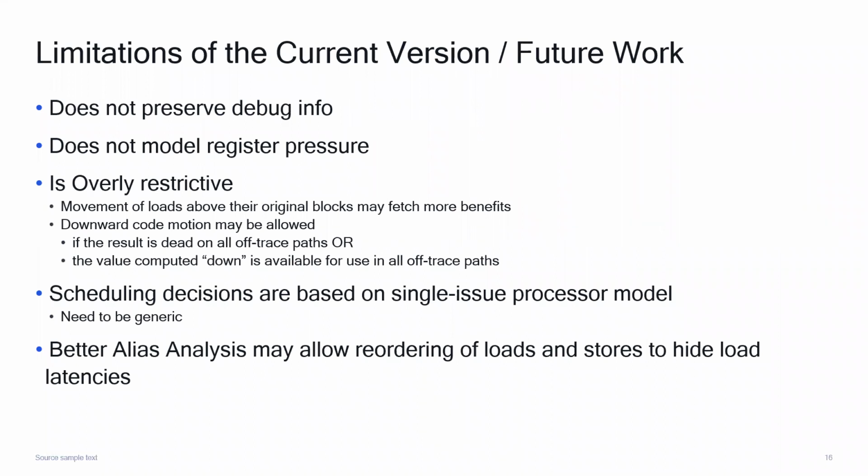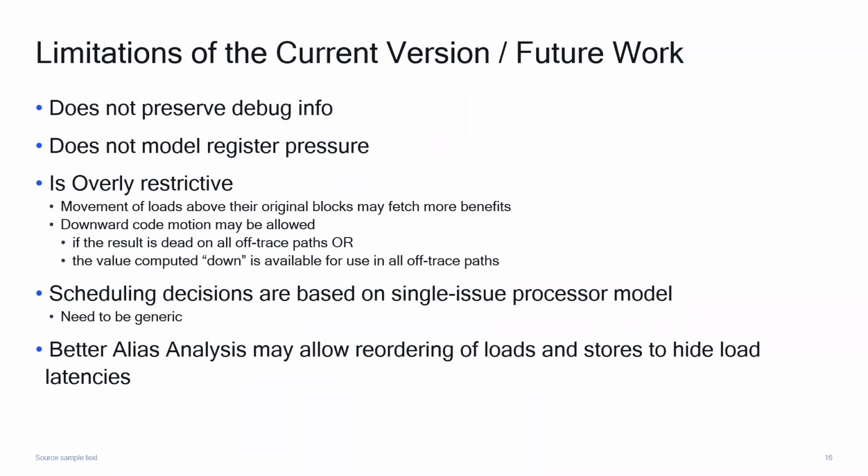These are some of the limitations, which we are planning to address in our future work. This scheduler doesn't preserve debug info and doesn't model register pressure, and it's overly restrictive because moving loads above their original basic blocks may fetch more benefits.